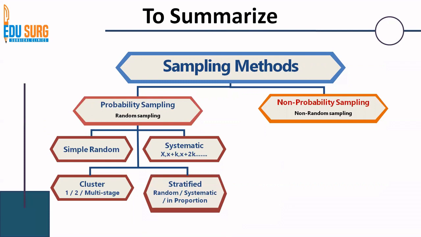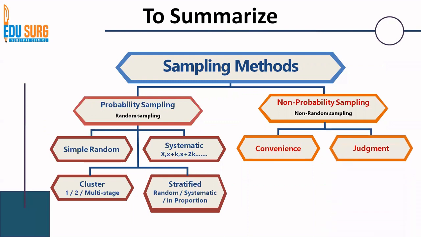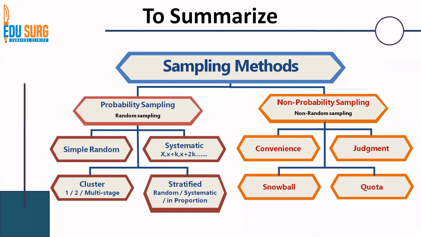And then you have the stratified sampling, which can be random or systematic stratified sampling with or without the concept of proportion, right? Going to non-probability sampling, it can be convenience sampling, judgment sampling, snowball effect, and quota sampling. So all these techniques are discussed in this video. Go through it 1 or 2 times, and I'm sure this will solve all your queries regarding sampling methods.